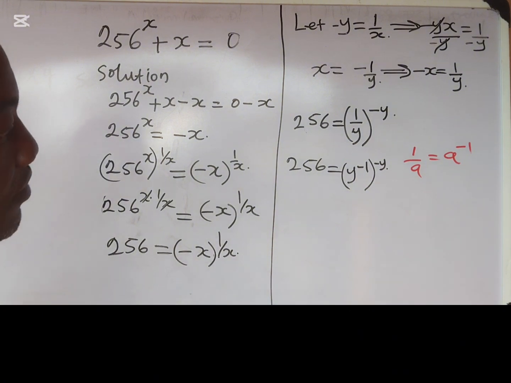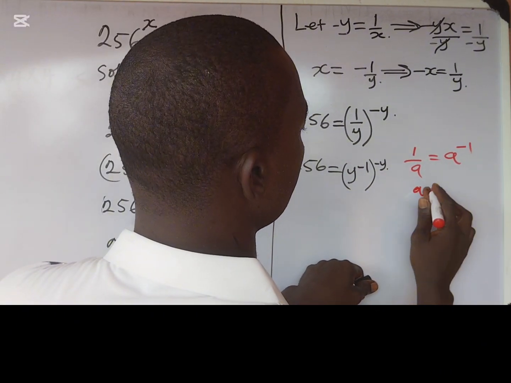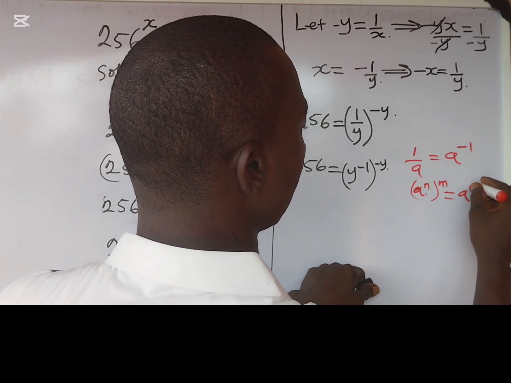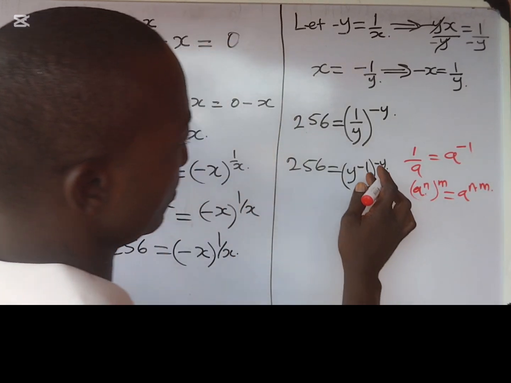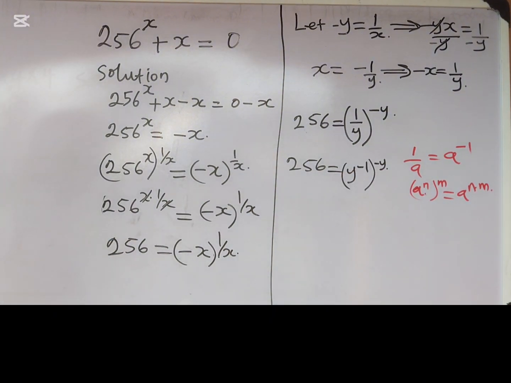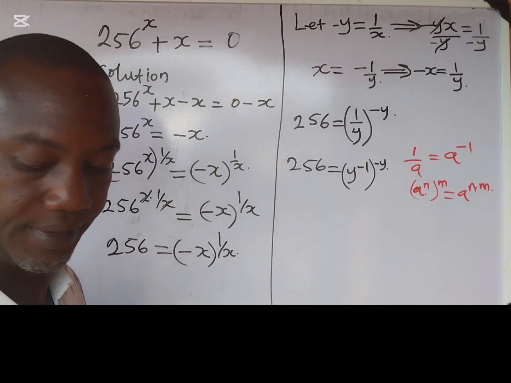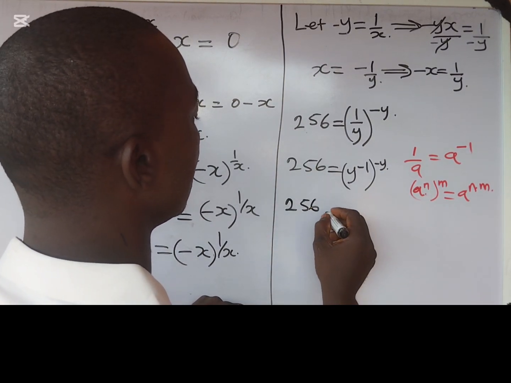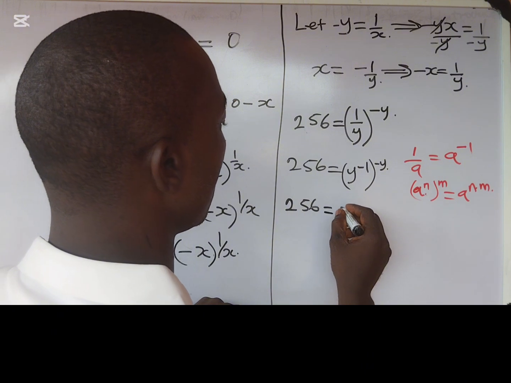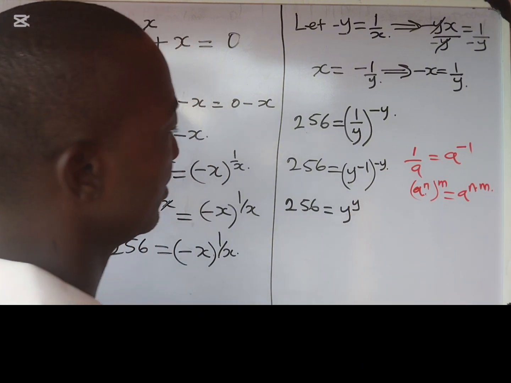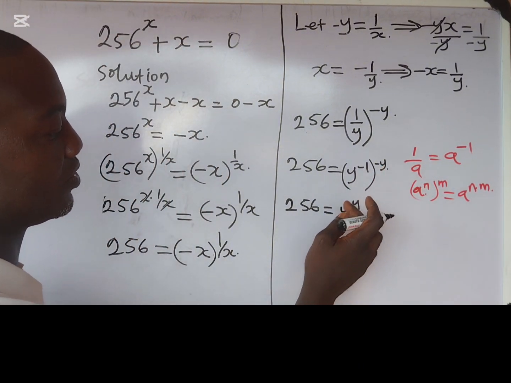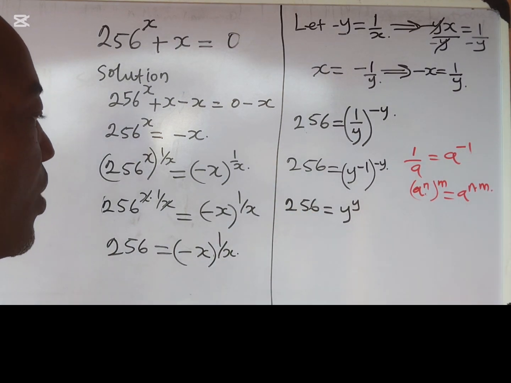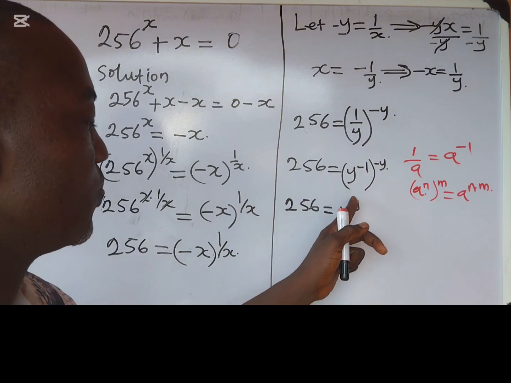Remember earlier we said a raised to the power of n raised to the power of m is a raised to the power of n times m. We're also going to apply that law of indices here. This becomes 256 equal to y raised to the power of y, because when you multiply these powers, you get y. So you have an equation where 256 is equal to y raised to the power of y.